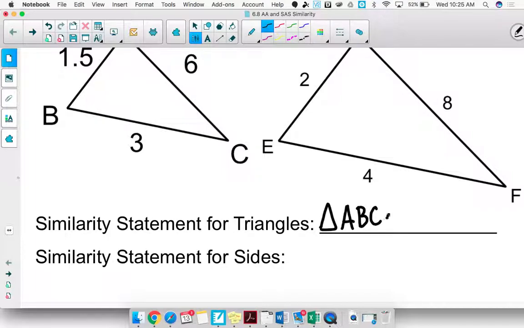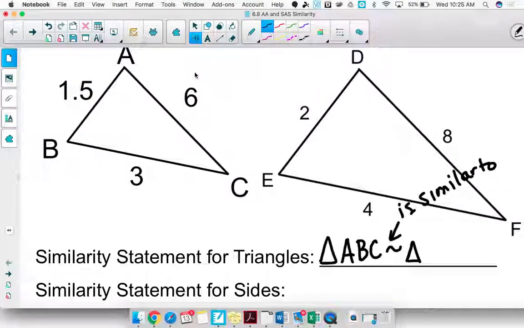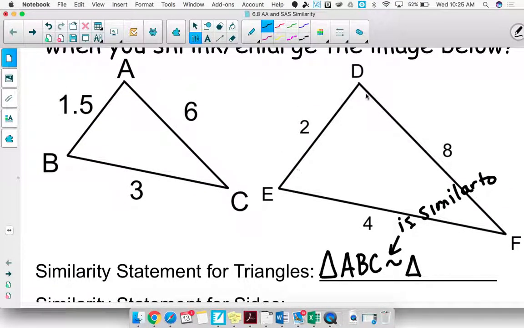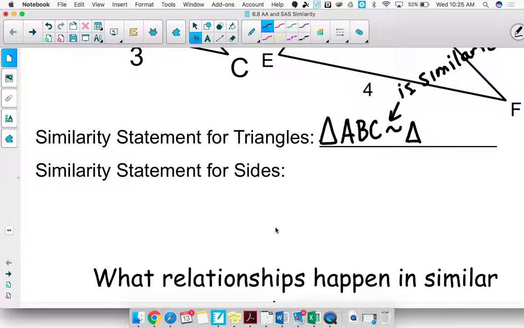As long as we use the three vertices, it doesn't matter what order we go in. This little squiggly symbol means is similar to, and we'll say that triangle ABC is similar to triangle, if we go in the same order, DEF.